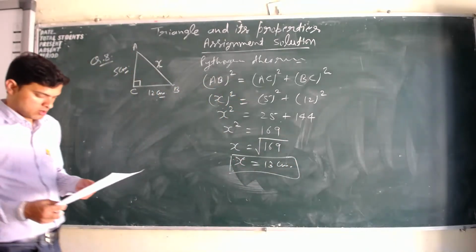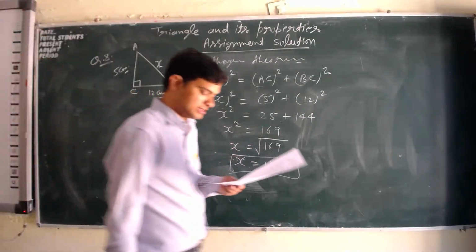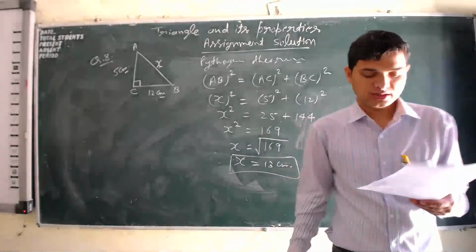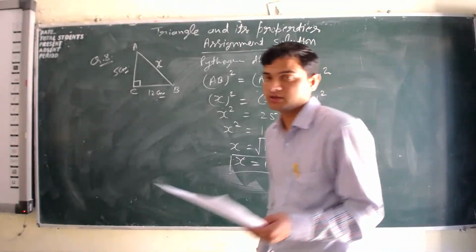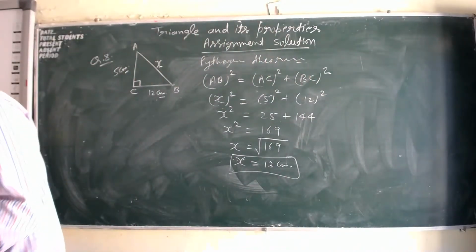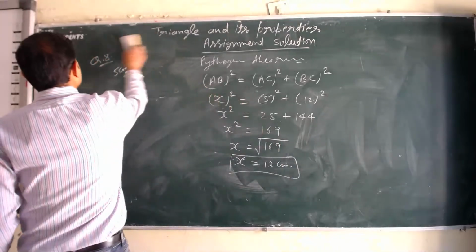Now question number 9. Is there a triangle whose sides have length 10.2 centimeter, 5.8 centimeter, and 4.5 centimeter? क्या ऐसा ट्राइंगल पॉसिबल है जिसके साइड्स जो हैं वो.